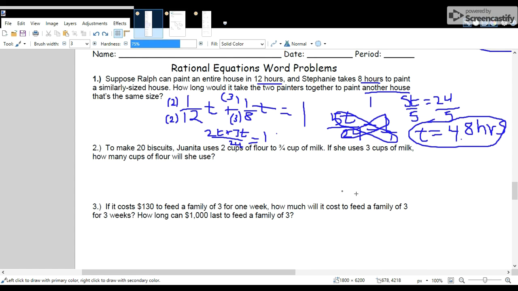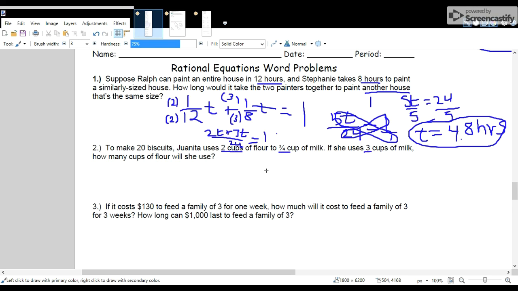Number 2, to make 20 biscuits, Juanita uses 2 cups of flour to 3/4 cups of milk. If she uses 3 cups of milk, how many cups of flour will she use? Well, the 20 biscuits is something extra in this case.